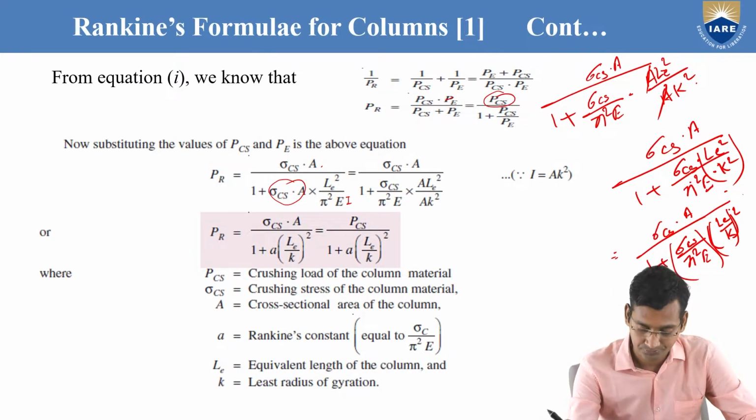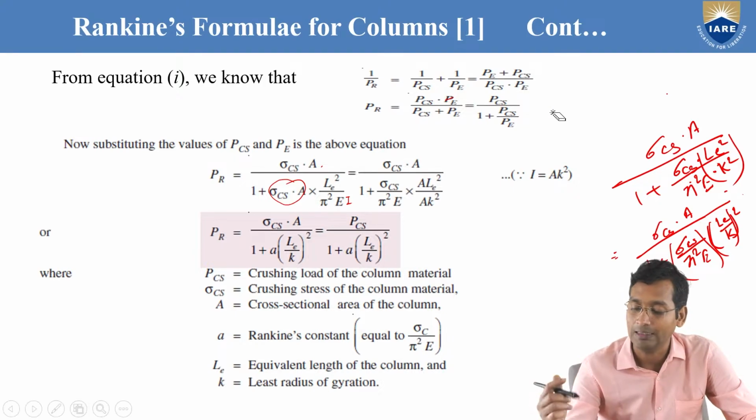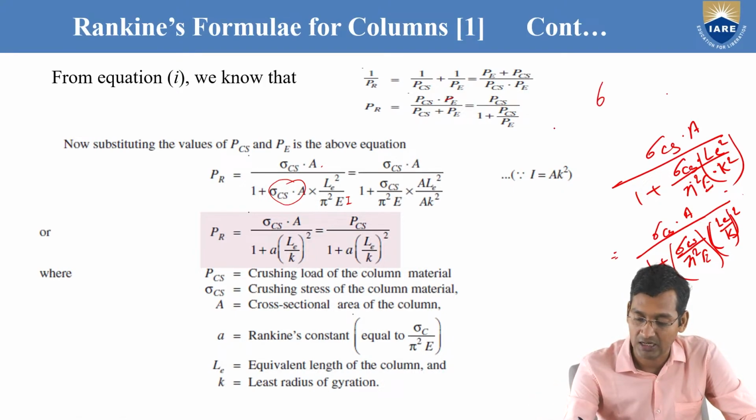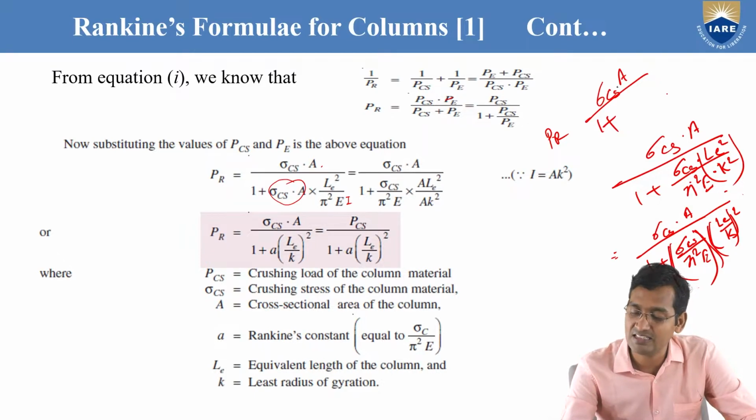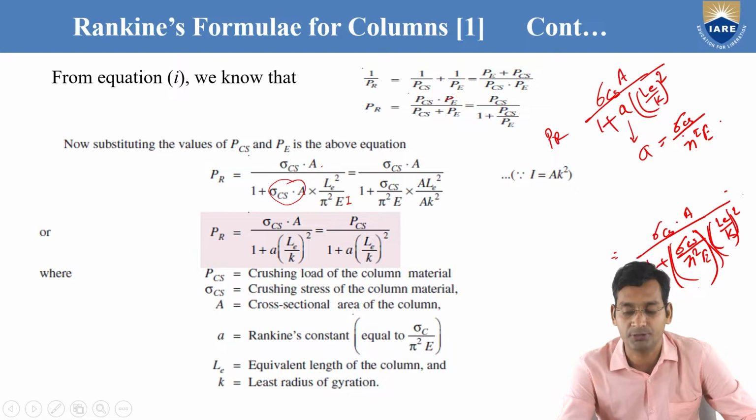So for this, Rankine gave another name for the constant, that is A. So we can write PR equals sigma CS into A by 1 plus A, the Rankine constant, times LE by K whole square, where A is sigma CS by pi square E, which is called the Rankine constant.